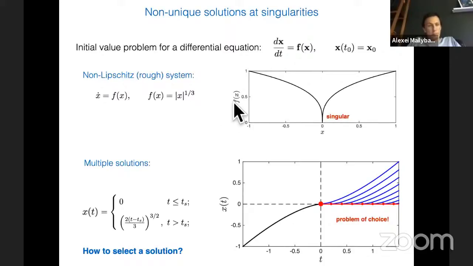Okay, so the system that I already showed you, and we will sometimes return to it because it's something very, very simple, and at the same time, it already has some physical motivation. So it's a system where the derivative is proportional to the cubic root of the modulus of the argument. And as I said, this is essentially a correct phenomenological model of the separation of two particles in the turbulent flow, for example.